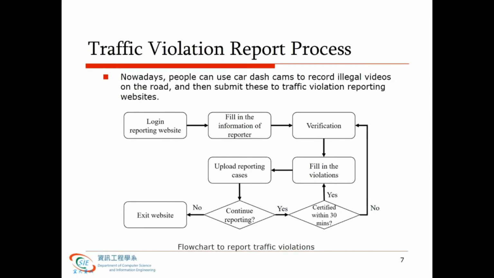Nowadays, people can use a car dash cam to record illegal videos on the road and then submit them to the traffic violation reporting website. This figure is a flow chart to report a traffic violation.